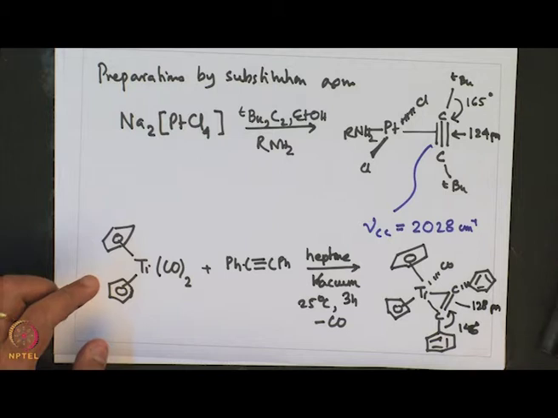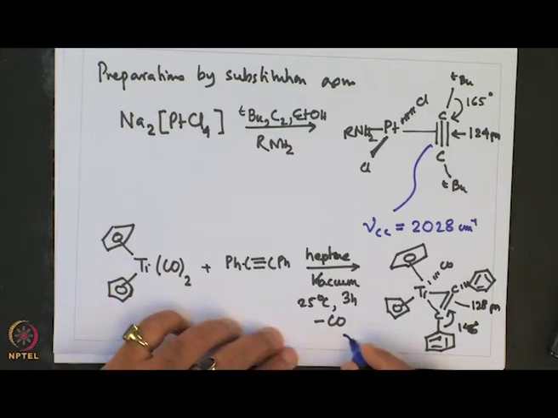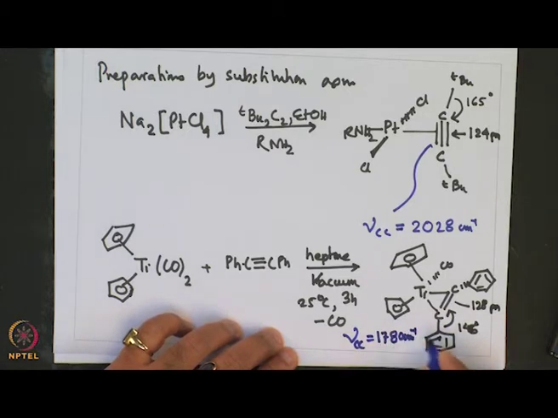So, this has also been characterized by IR, where the nu CC stretch is even lower, 1780 centimeter inverse.